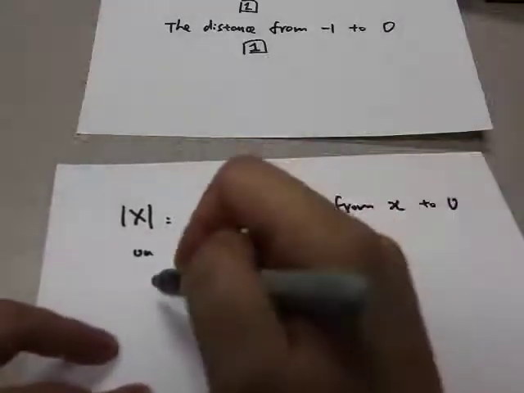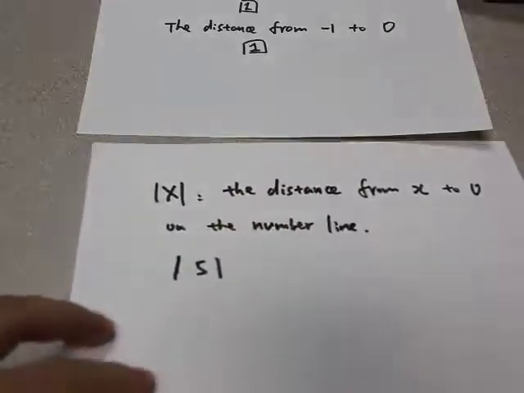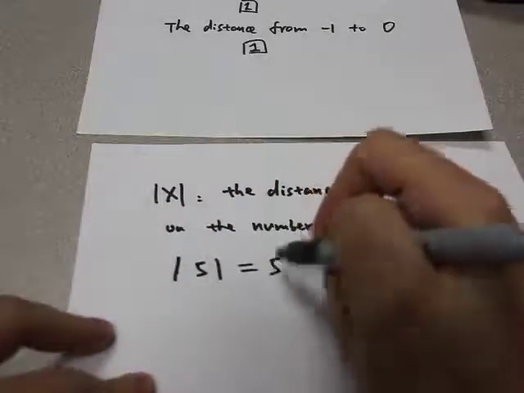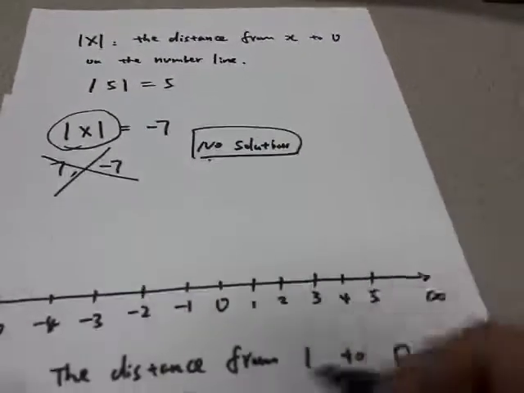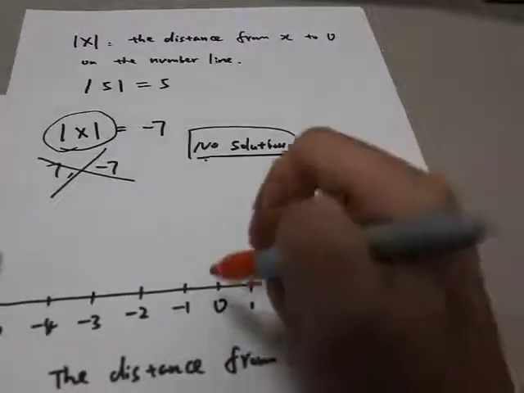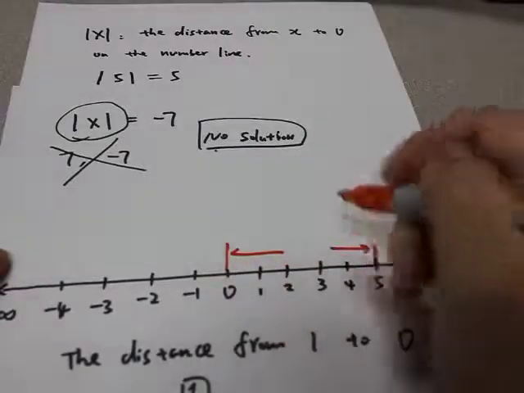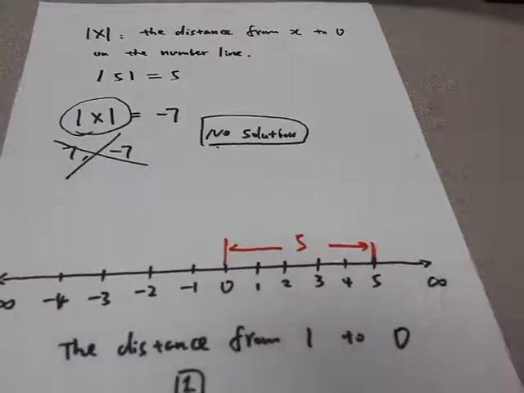So that's why the absolute value of positive 5, for example, equals 5. Because if you consider the distance from 5 to 0, this distance equals 5, right?